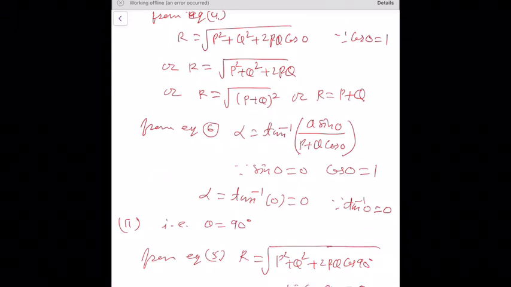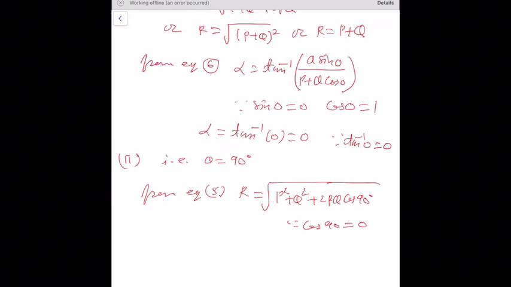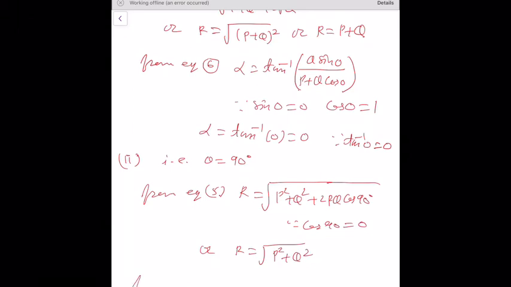Since cos 90 degree equal to 0, or R equal to P square plus Q square.